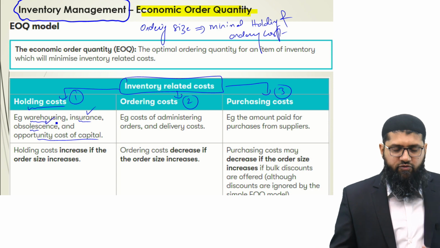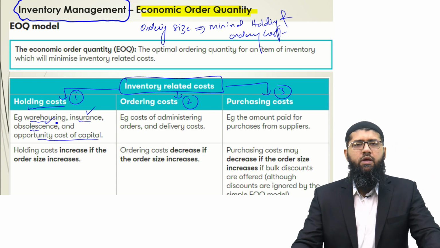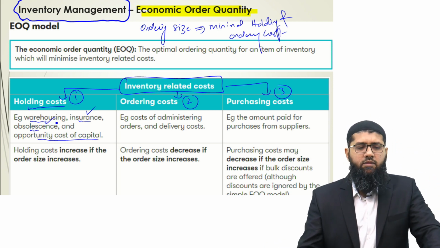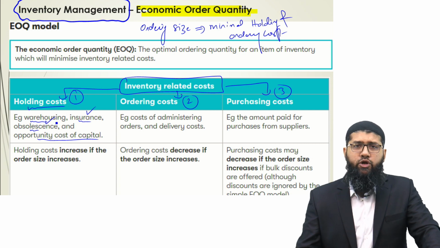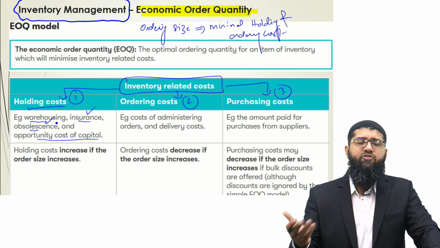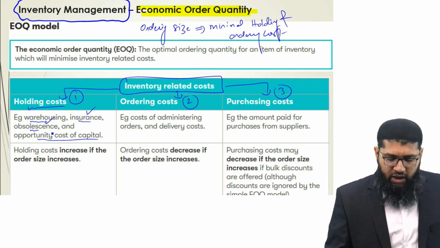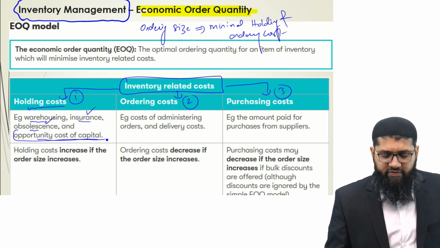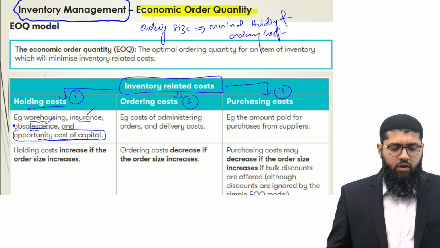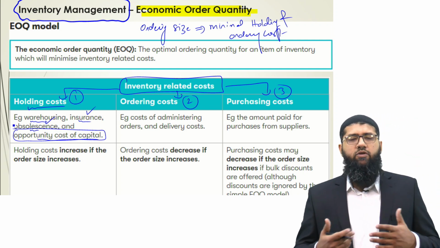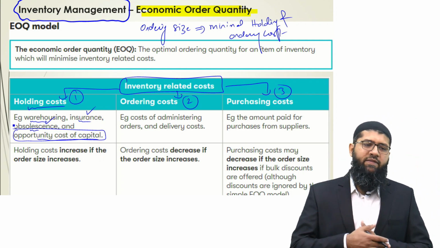Then obsolescence cost. What do you mean by obsolescence? When inventory is held, it may become obsolete if it is not used on time. It may become damaged. There could be multiple things. Another important area is the opportunity cost of capital, and that's very important. Your money is tied up in the inventory.